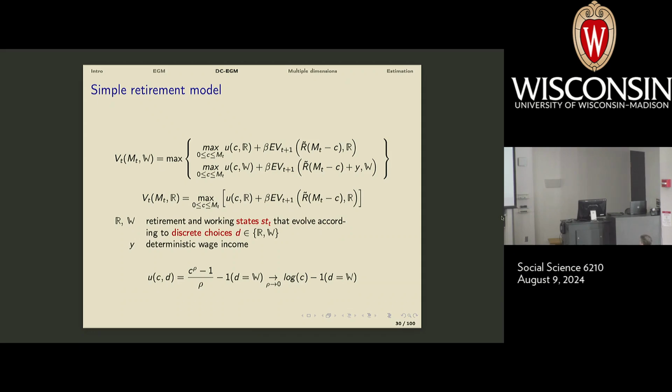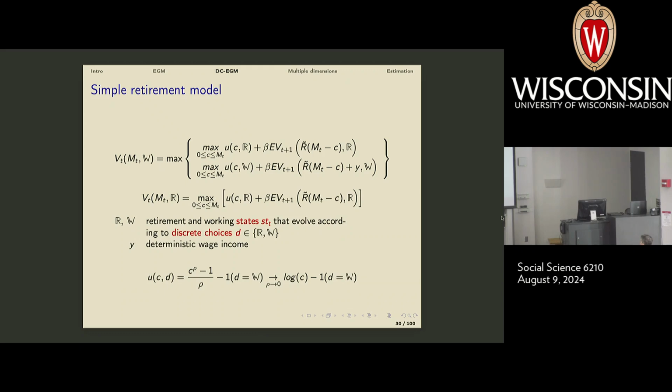Now, I could just stop there and talk about the possibility of taking this binary choice in every period. And that would be totally fine, absolutely no problem. But I want to make an easier presentation. And therefore, and only for that reason, we will have retirement be an absorbing state.